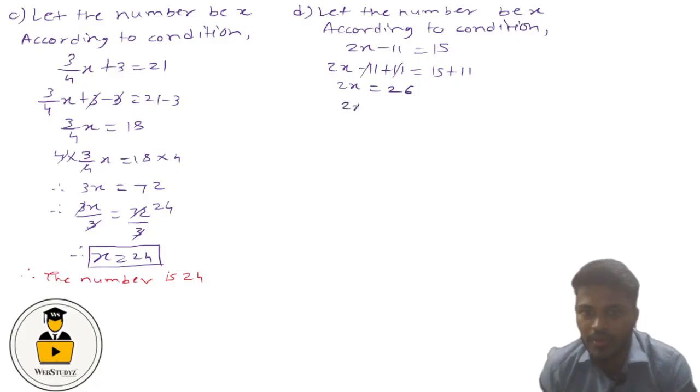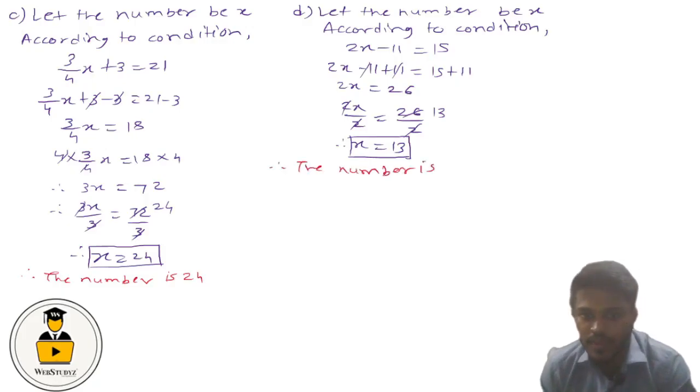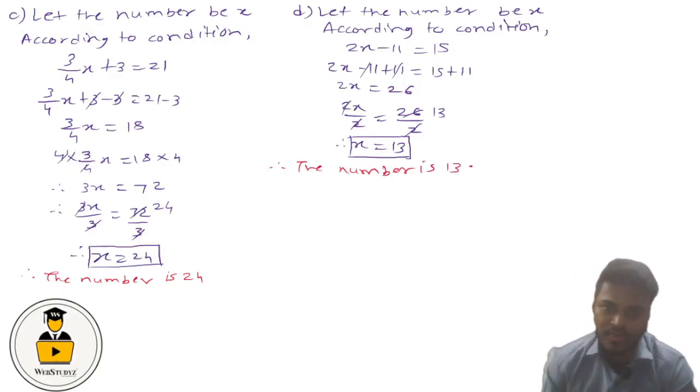Now we will divide by 2 on both the sides. So 26 upon 2, the 2 will get cancelled, and we know that 13 2s are 26. So therefore x comes out to be 13. So we can say that therefore the number is 13 in this case.